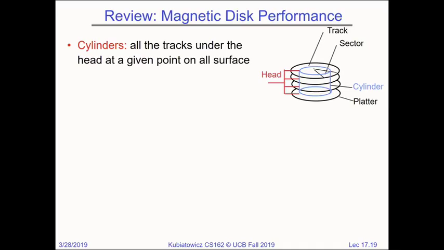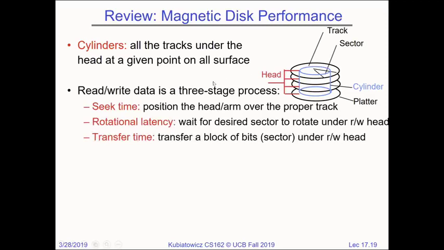Is it 3? Somebody said 3. Okay, I showed you 3 from 15 years ago. We're talking 8, 9. And these things are spinning. There's so much turbulence inside these disk drives when they're spinning that they fill them with helium and other things to make it all work. So these are pretty amazing devices.